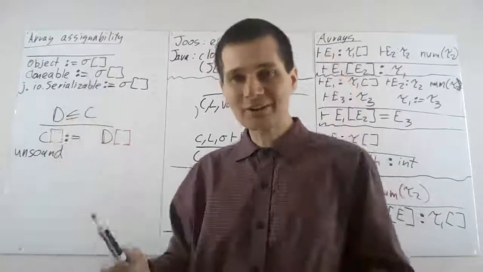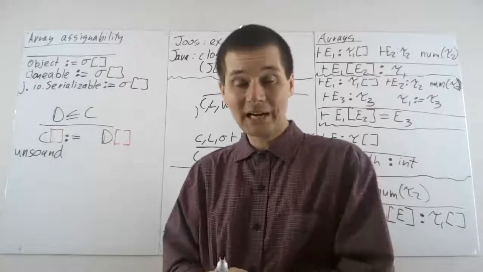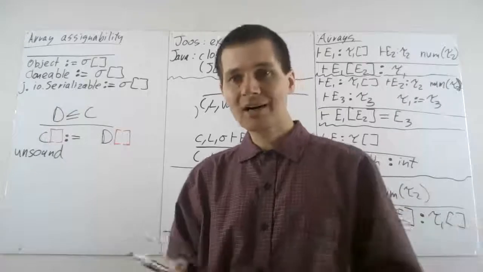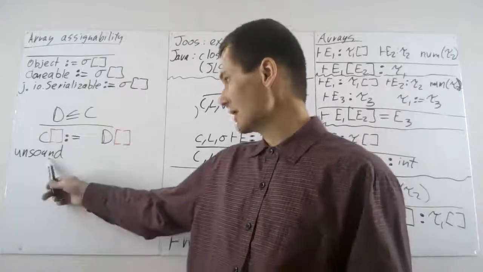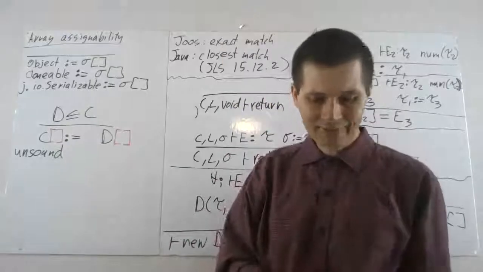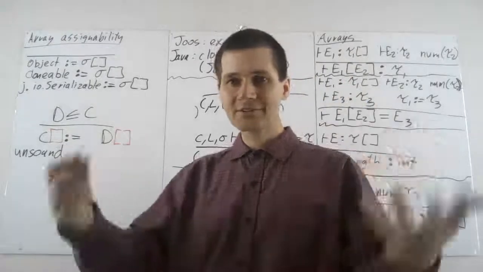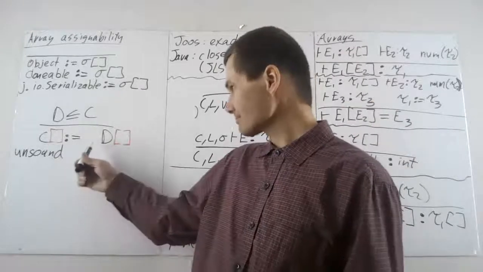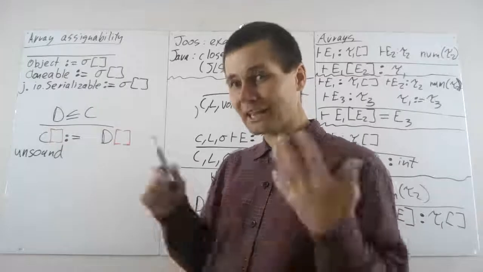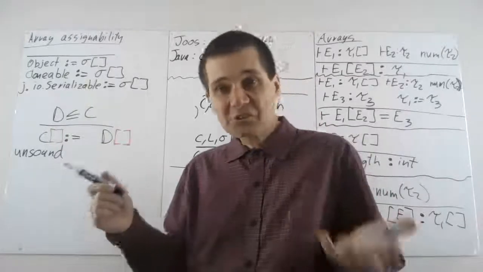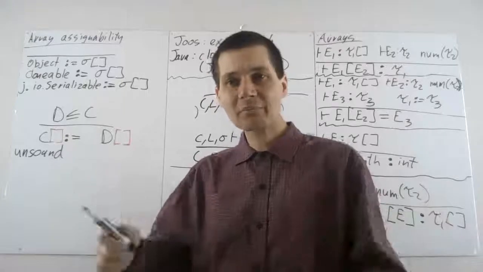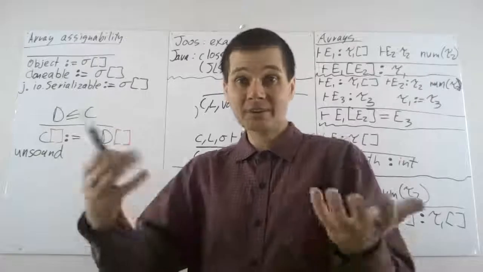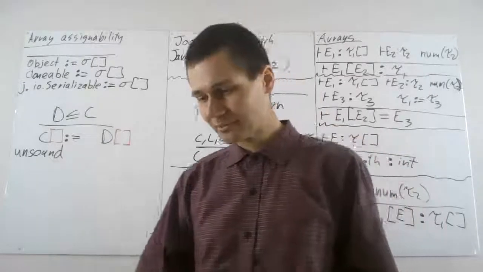I will give you an example in the next class on Monday, and we'll talk about what Java does to mitigate this unsoundness, how it fixes this problem, and maybe why it has this rule. Why it has this rule is sort of obvious-ish. It seems like it should be the case that an array of apples really is an array of fruit, so you should be able to assign them this way.